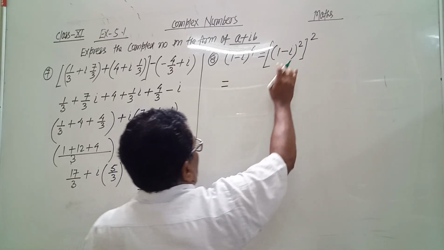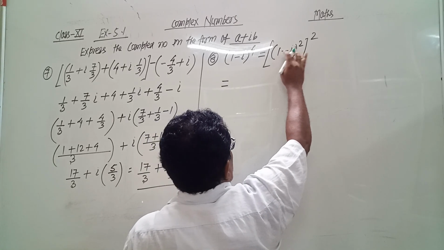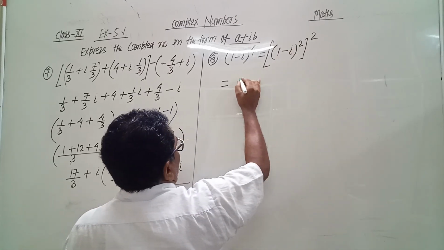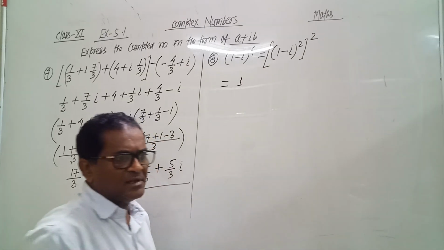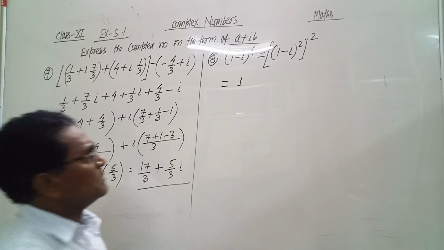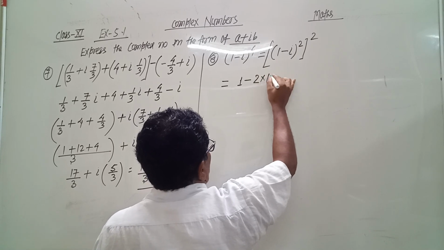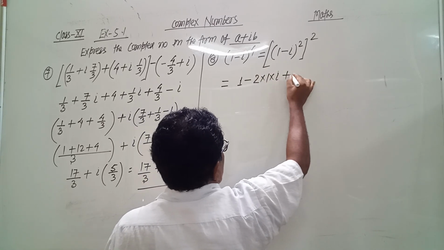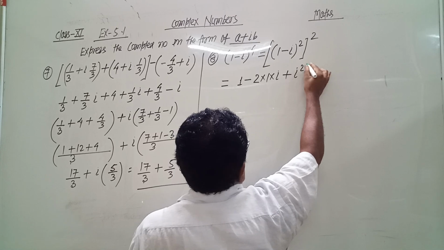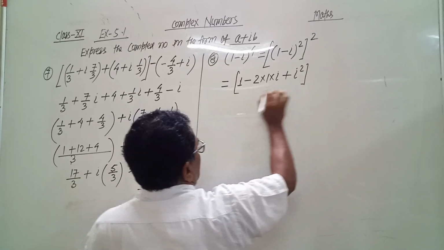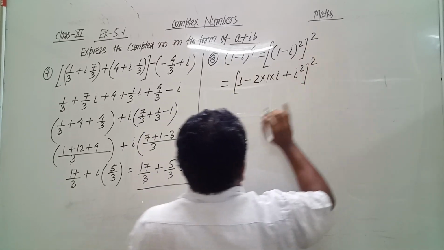Now we use the formula (a minus b) squared. So a squared means 1 squared, minus 2ab, 2 into 1 into i, plus b squared, that is i squared, and the whole squared.